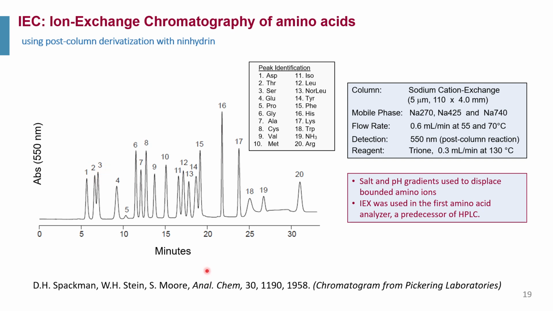The chromatogram was furnished by Pickering Laboratories, which makes a post-column derivatization module that can be added to any HPLC. Here is the separation of the essential amino acids using sodium cation exchange, using 3 different buffers with different pH from 2.7 to 7.4.